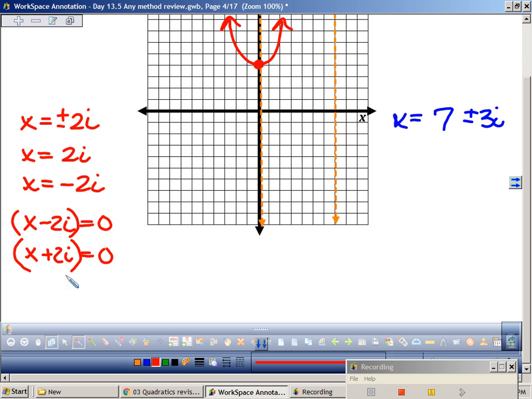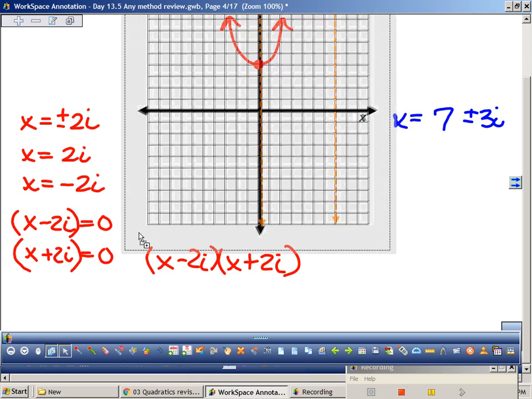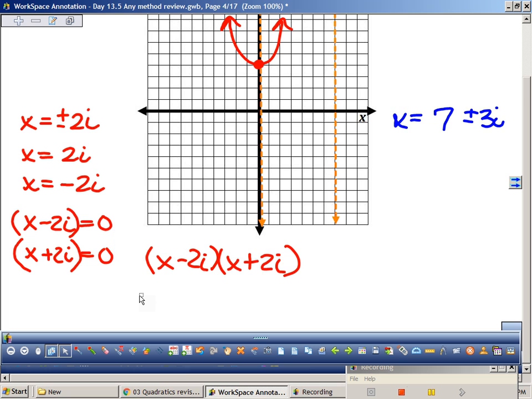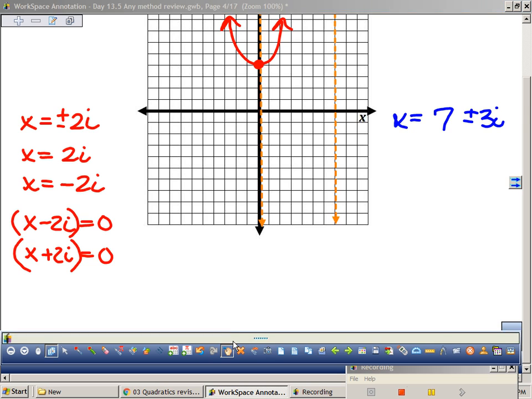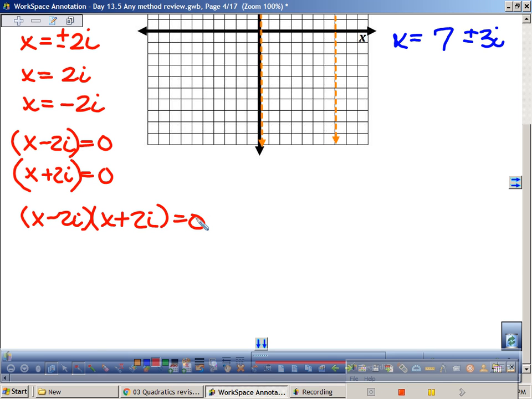So if I want to find my quadratic equation, I'm probably going to do the other one over here. So x minus 2i and x plus 2i equals 0, right? If that equals 0 and that equals 0, then when I multiply them by each other, they also equal 0.